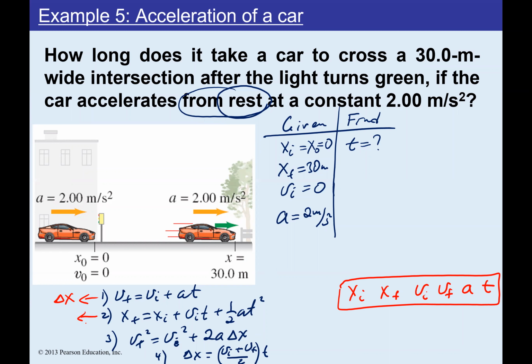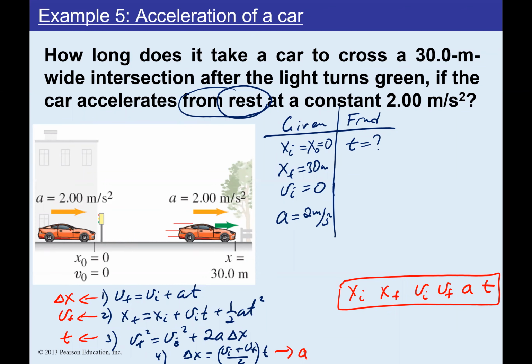Equation 2 has X final, X initial, V initial, acceleration, and time. It is also independent of at least one variable, and that variable is V final. Equation 3 has V final, V initial, acceleration, delta X. What's missing is time. That means it's time independent. If you're not given time, you can still use that equation. Equation 4 is basically independent of acceleration, but we can assume that you technically have an acceleration.